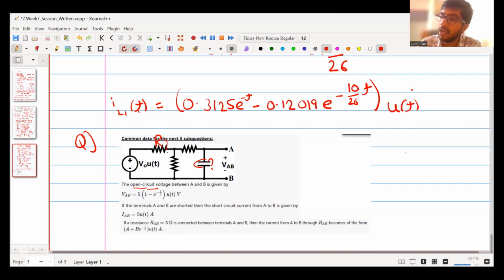And they told us that if I short terminals A and B, then the short circuit current from A to B is given by phi u of t ampere. So to solve this, what can we do?